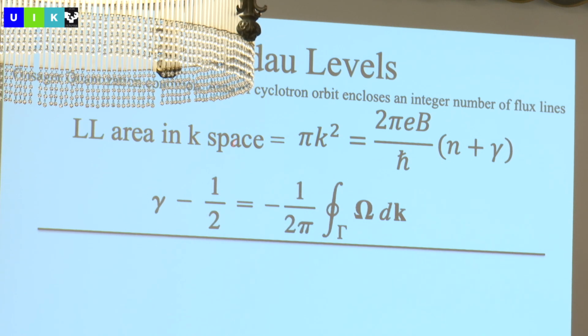And if you do that, you get that the Landau level area in k space, which is pi k squared, should be equal to this quantity, where gamma is a phase which includes two contributions. One is the Berry's phase, and the other is called the Maslov phase, which is just a half.